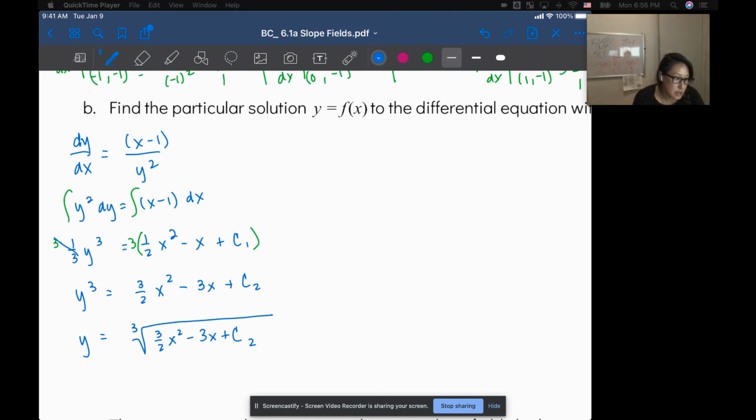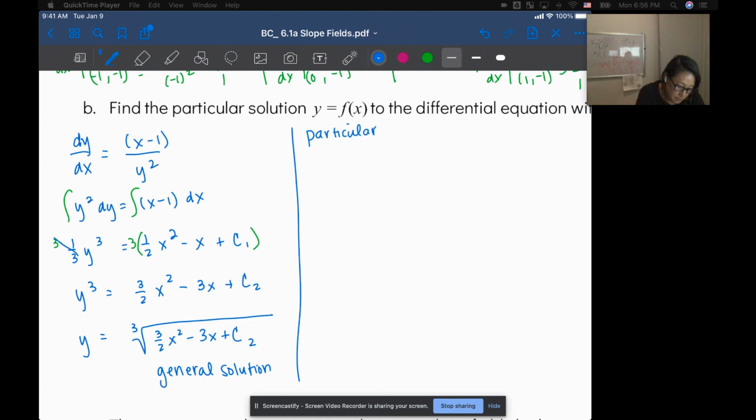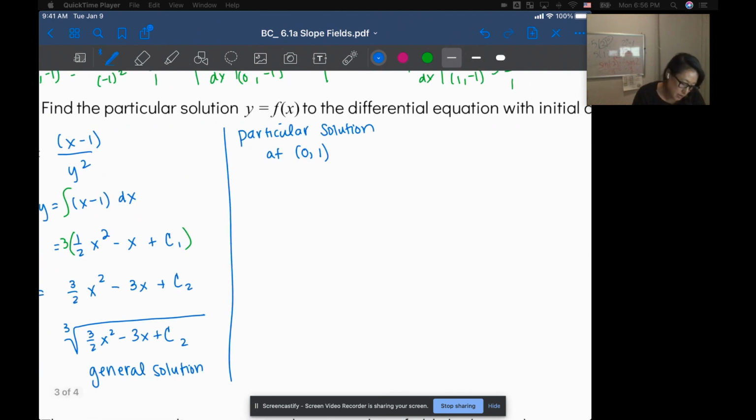All right, so now this is our general solution. Now let's find our particular solution. It passes through 0, 1. I think 0, 1.